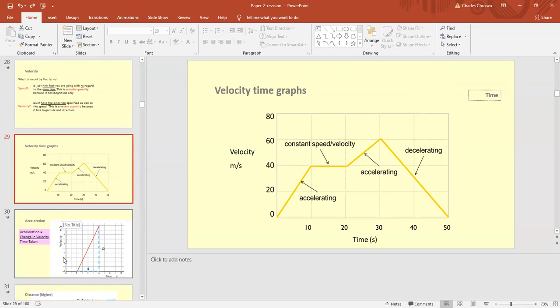Velocity is displacement over time, because it has direction. Remember, displacement is the vector equivalent of distance. So if speed is distance over time, then velocity, its vector equivalent, will be what?